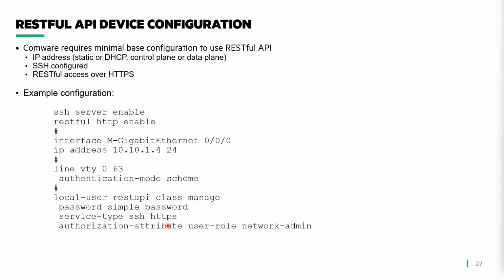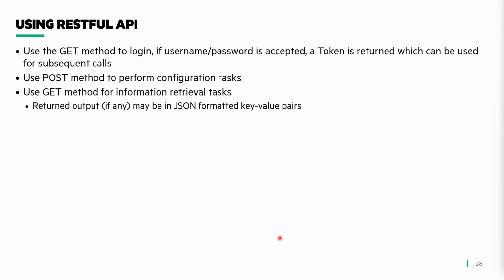In a nutshell, you have to make sure that HTTPS and SSH are set as a service type, so you are permitting communication to the switch for the REST API to work. And then I'm giving a user role, in this case, network admin. And I can communicate with the switch, so I can perform some configuration tasks, for example, or get information.